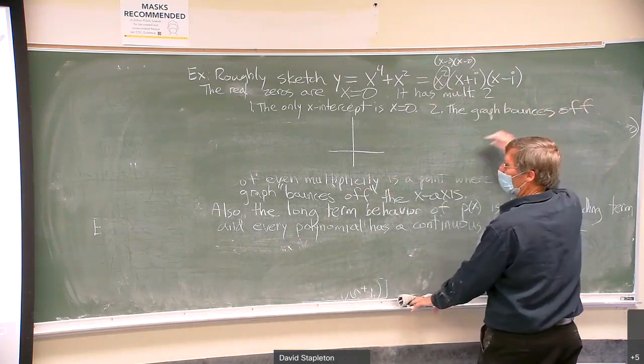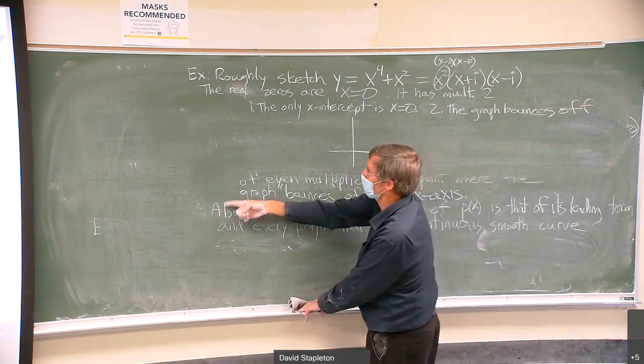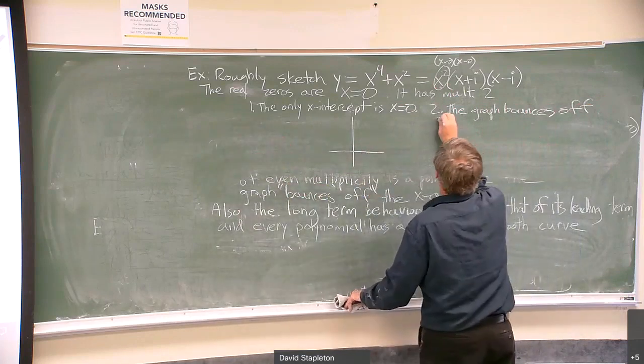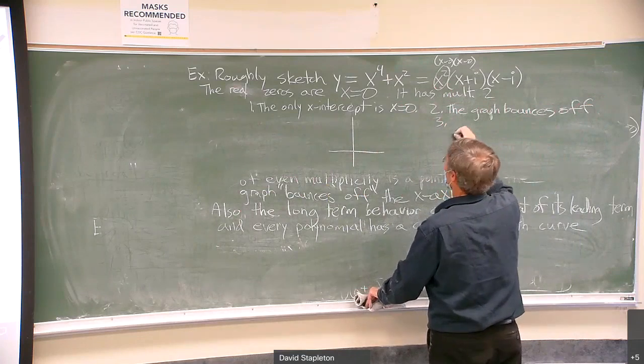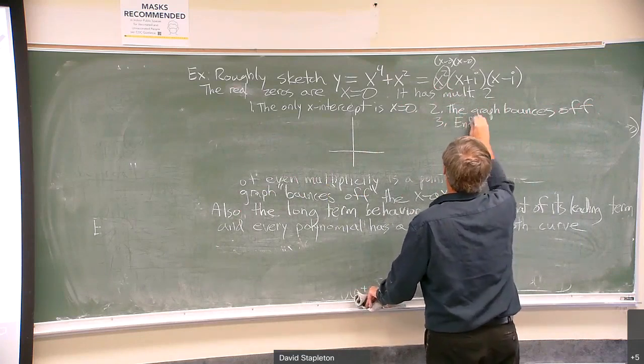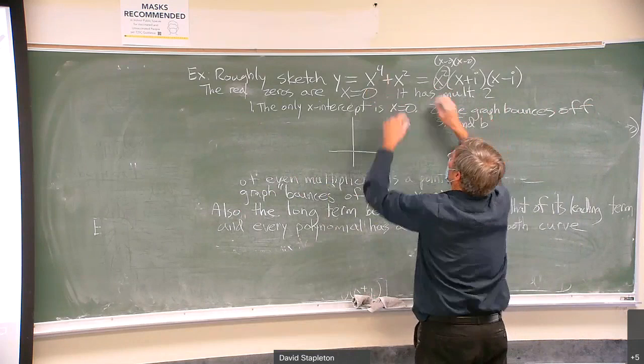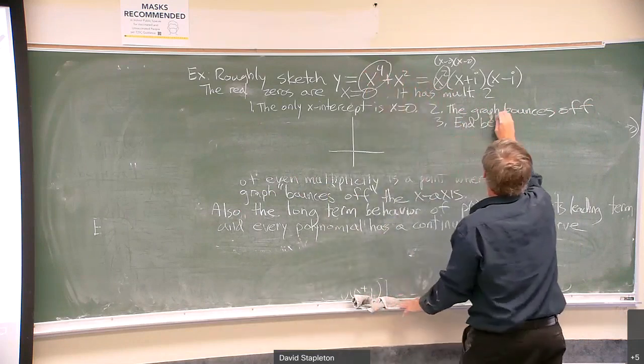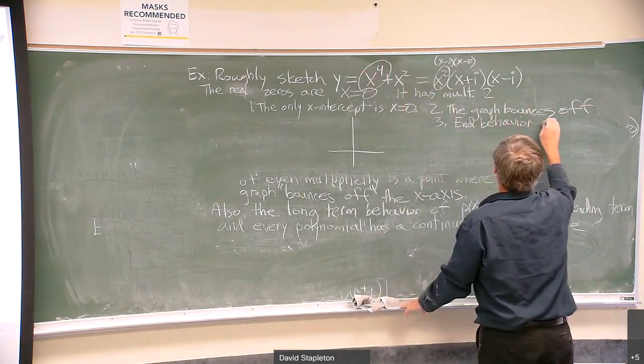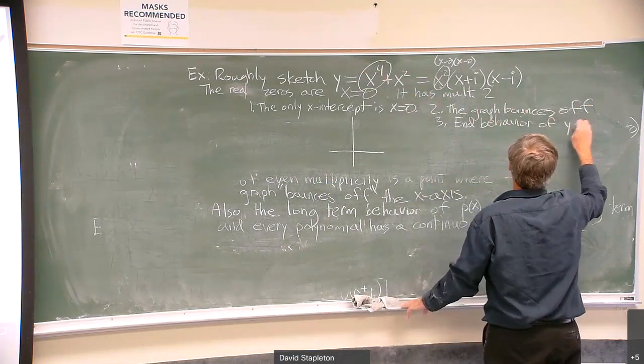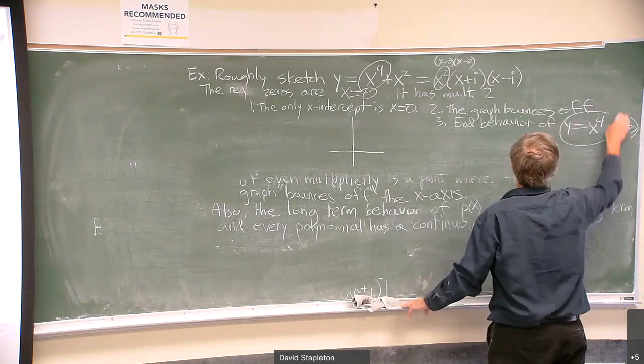And then I have the end behavior here. I could call that 3, but I'm just giving properties of the zeros up here, so I'll call it 3 over here. What's the end behavior? It's that of the dominant term, the highest power term. It's the behavior of the simple function y equals x to the 4th, just the leading term.